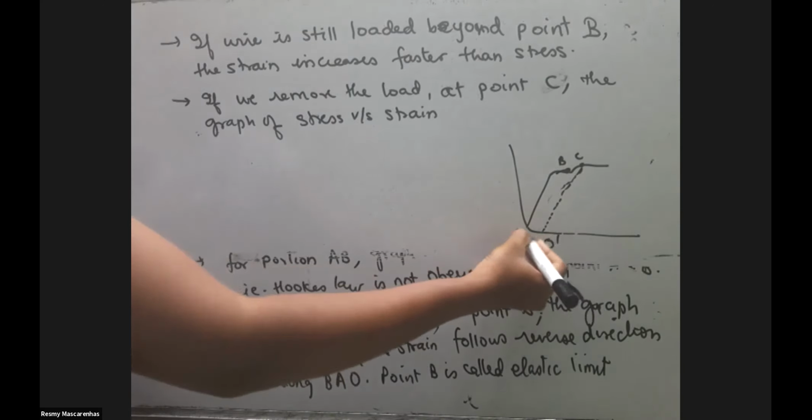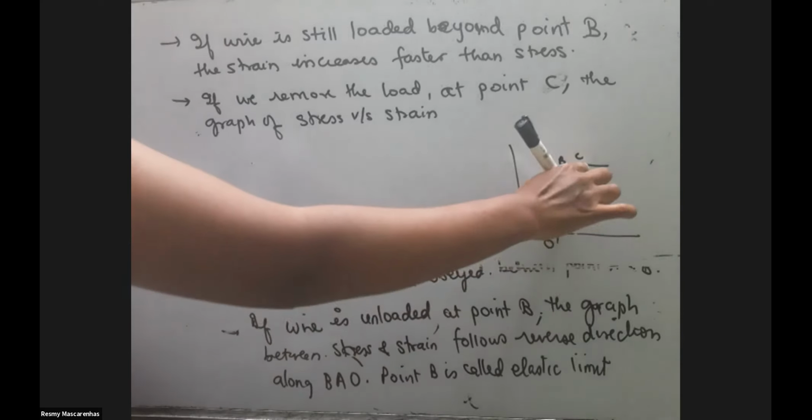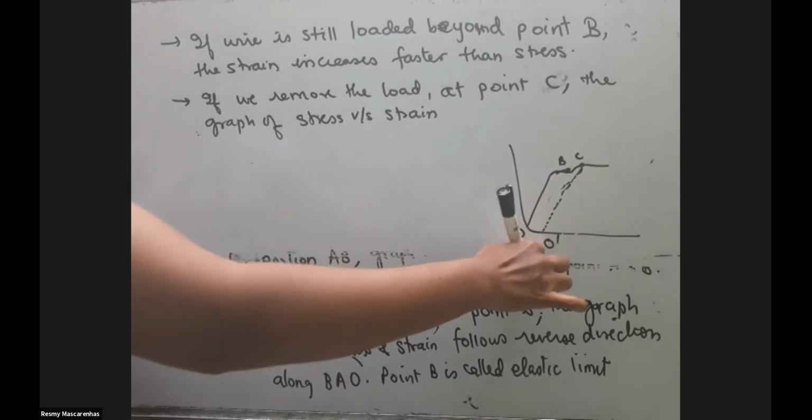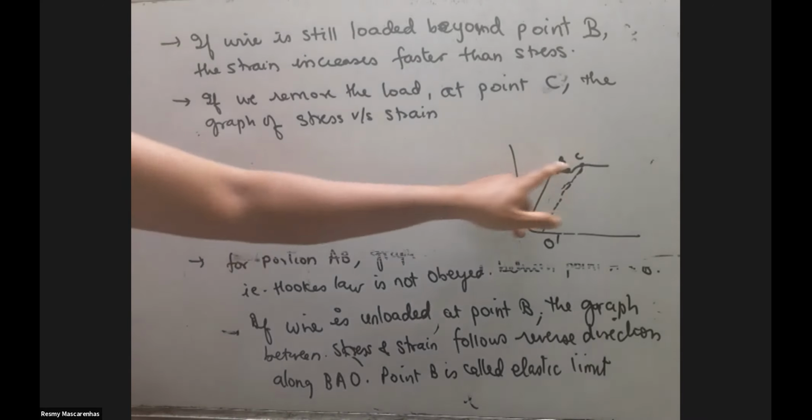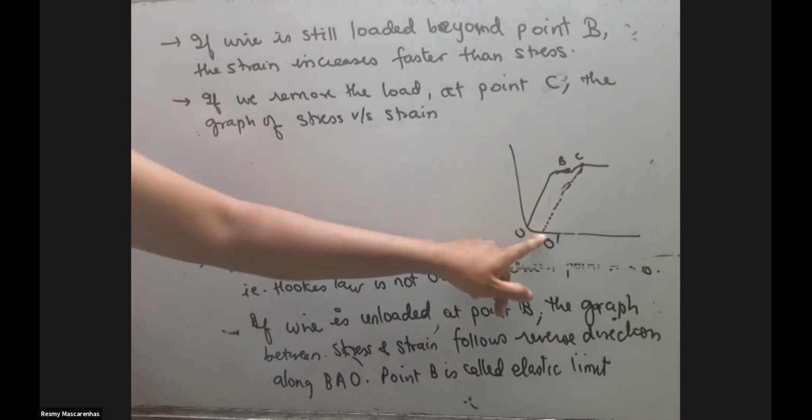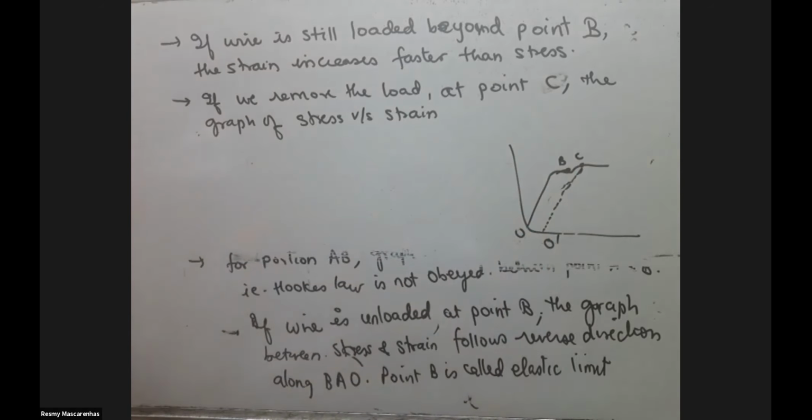You can put this as O dash. In the graph, from point C, just draw like this and put it as O dash. So it will not come back to its original shape. It will come back, but to some different shape, not exactly the original shape.